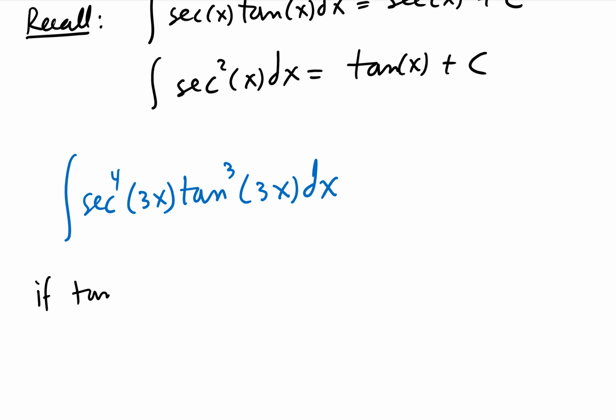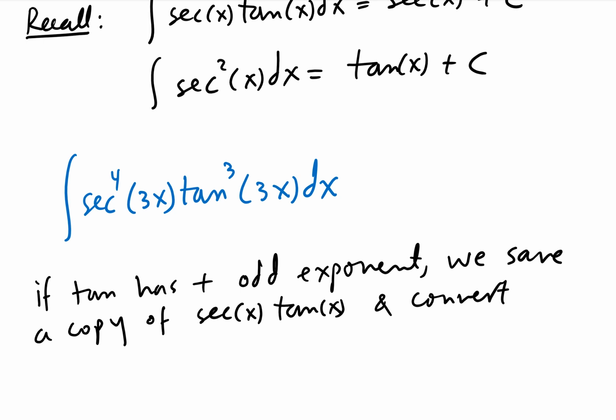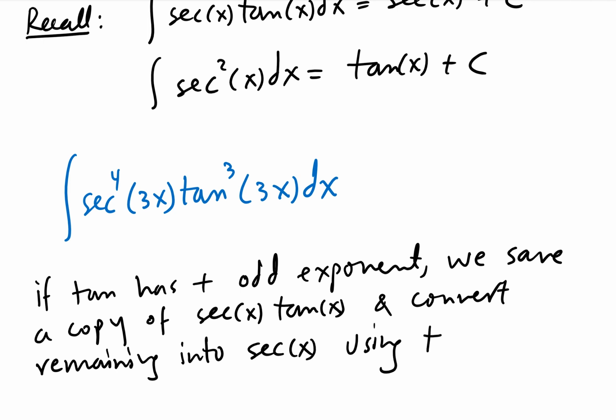If tangent has a positive odd exponent, we save a copy of secant tan and convert the remaining into secant x using the formula tangent square x equals secant square x minus 1.